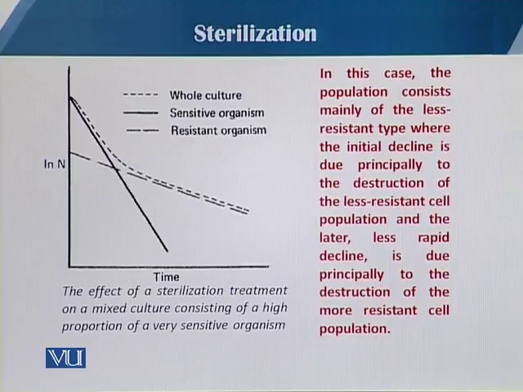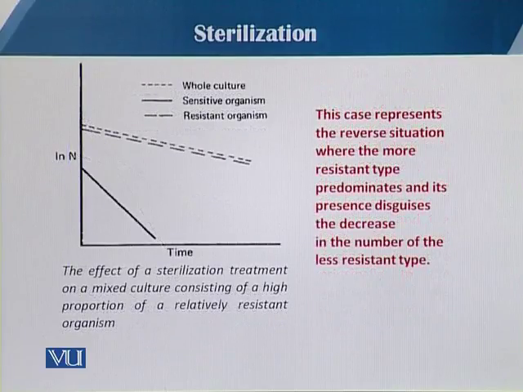So in the next case, when our culture has mostly a resistant population in the fermentation medium, you can see the whole culture, the sensitive organisms and the resistant organisms.